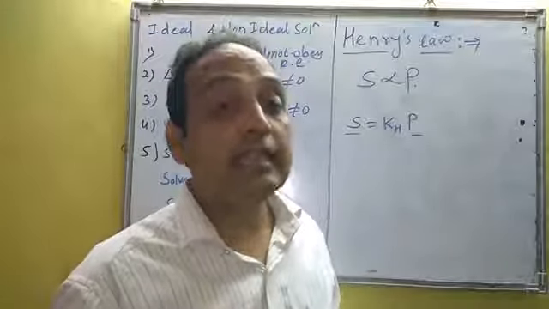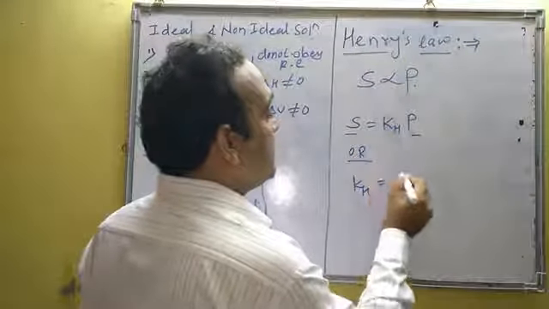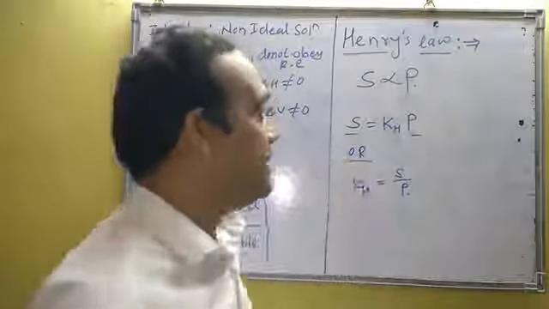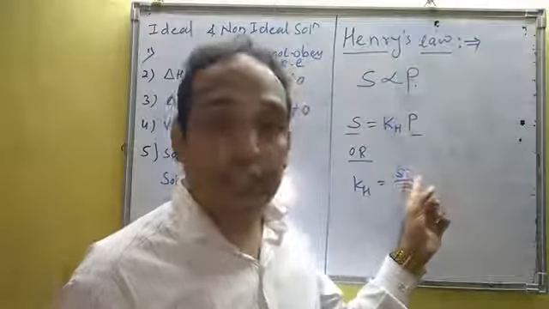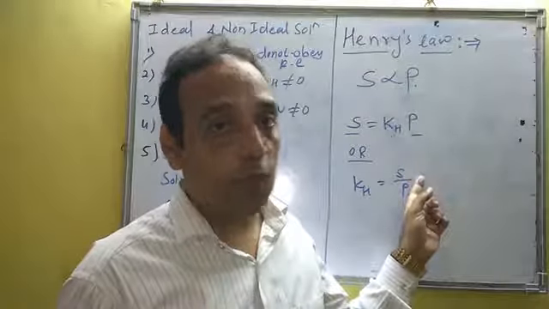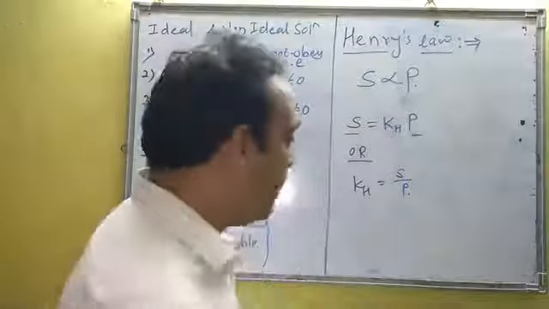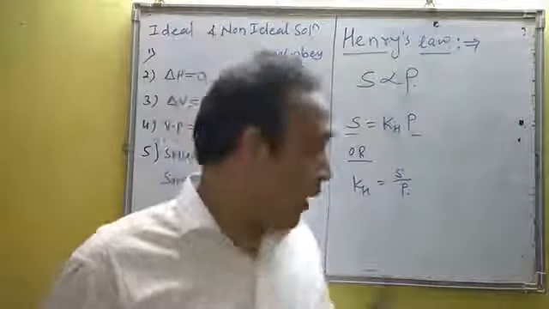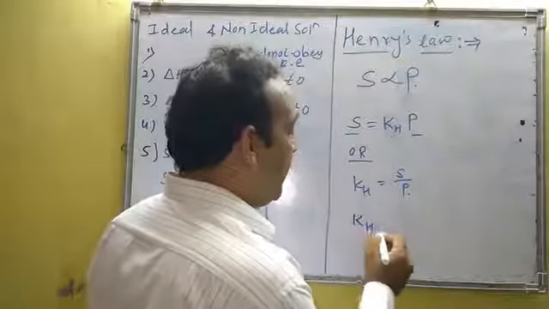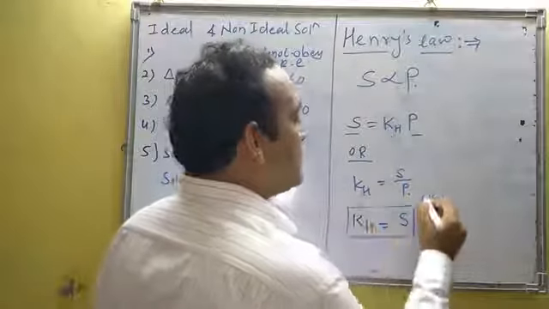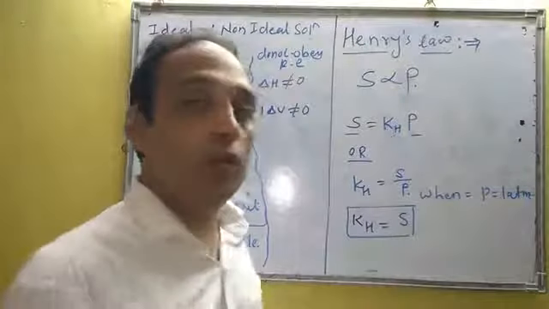What is K? KH is the proportionality constant, or we can write this equation as KH is equal to S by P. When solubility is expressed in moles per dm cube, and pressure is 1 atmosphere, at that moment we can write KH is equal to S, when P is equal to 1 atmosphere.